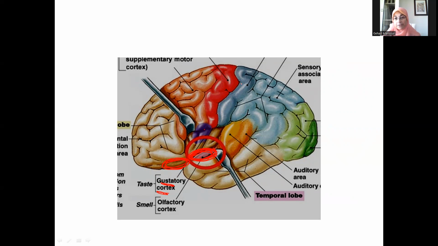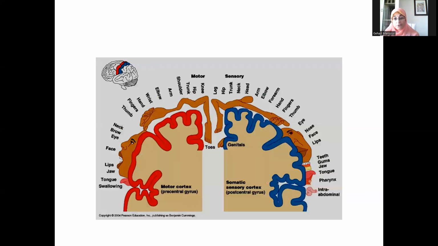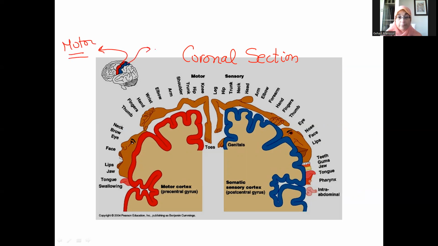Here, of course, you have the sensory area, sensory association area, vision, vision center, and vision association center, and this is the temporal lobe. Here we have taken a coronal section of the brain, and if you cut the brain like cold cuts, it would be a coronal section of the brain. طبعا what you see in red here is the motor area, and what you see in blue is the sensory area.